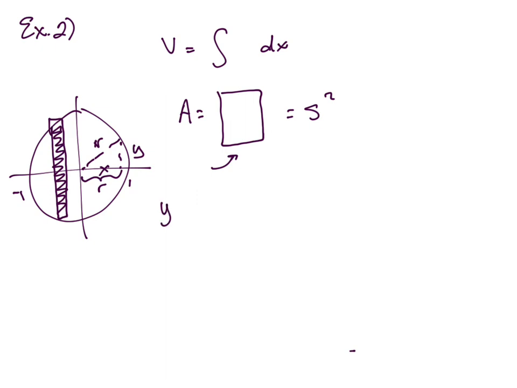Because we're dealing with this Pythagorean triangle again, y is going to be equal to the square root of 1 minus x squared, 1 being r. We're using x squared plus y squared equals 1 squared. So y is equal to the square root of 1 minus x squared.